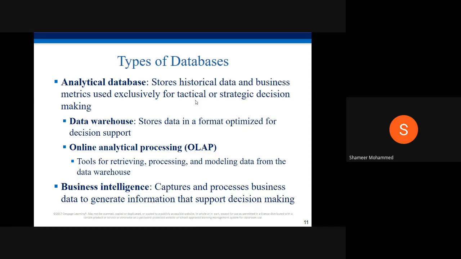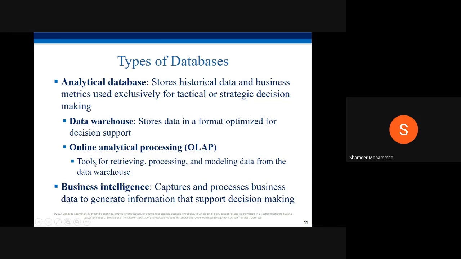From the analytical database, a term you should know is data warehouse. What is a warehouse? It is like a storeroom. It stores data in a format optimized for decision support. Another word you should know for this analytical database is online analytical processing.